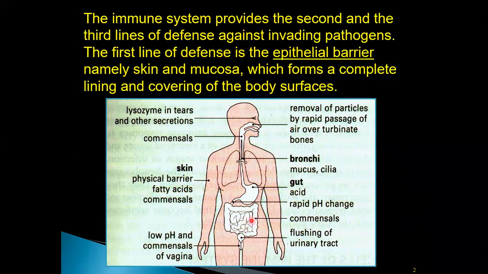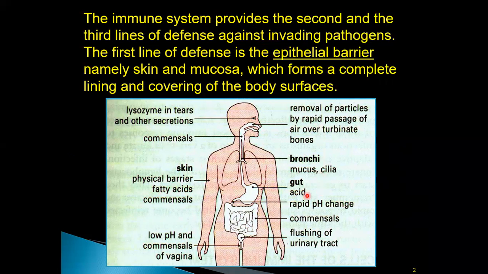Plus, in the lining, there are some cells which are secreting defensin, which I told you about earlier. So this defensin comes onto the surface and protects against the bacteria. And similarly, the low, acidic pH of the vagina protects against the invading microorganisms.